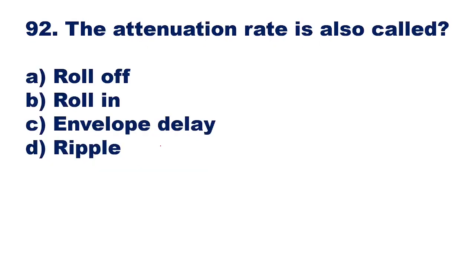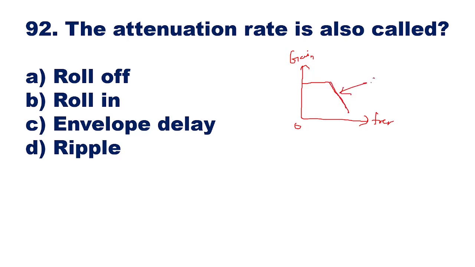The attenuation rate is also called as, okay, now whenever we see attenuation rate, say for example if you are having a graph of a low pass filter, so this is gain, and this is frequency and this is 0, so the graph will show it like this. So here this is your attenuation rate.